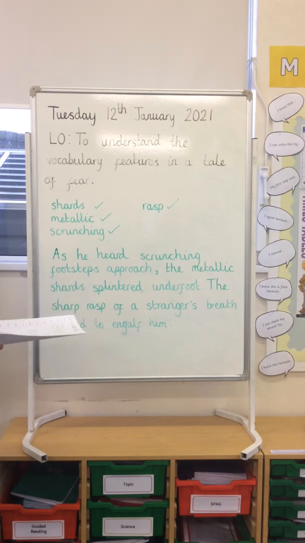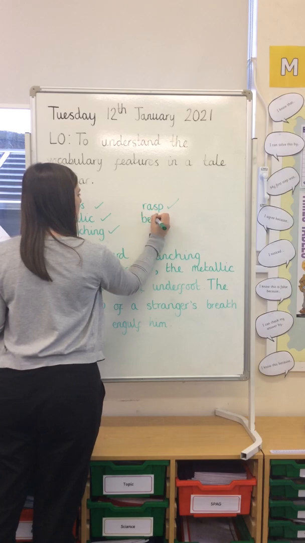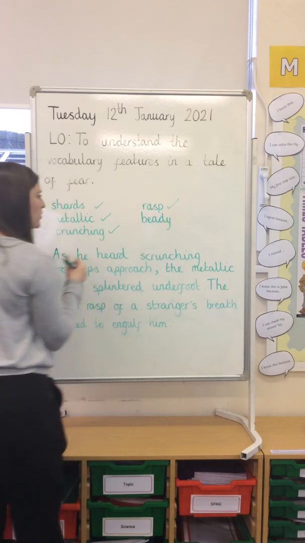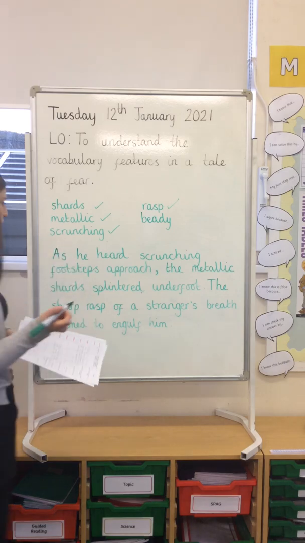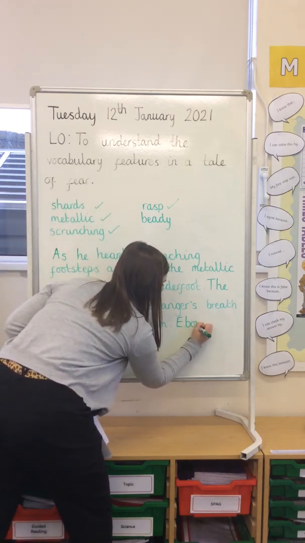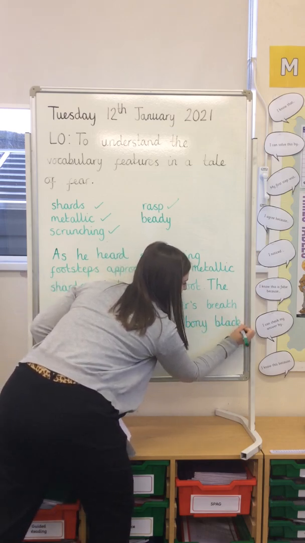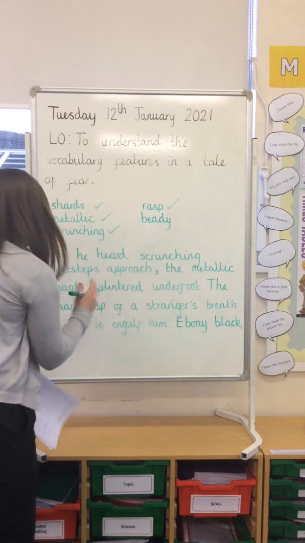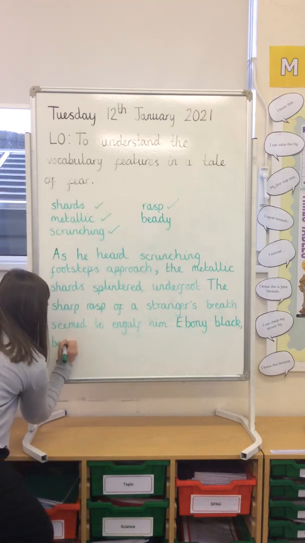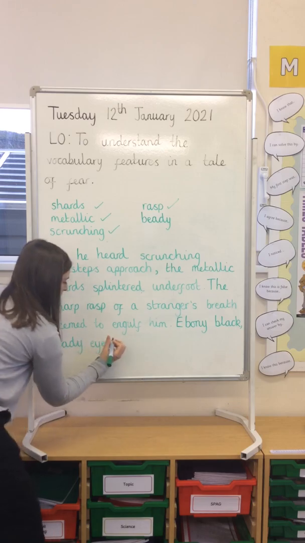So I'm going to write another sentence now. And I'm thinking, oh, what word? I might like the word beady. I'm going to use the word beady as one of my words. I want to fit that into a sentence somehow. So now I'm going to continue, not start a new line. And I'm going to go with ebony, black. So not just black. Ebony, black, beady eyes. Peered.